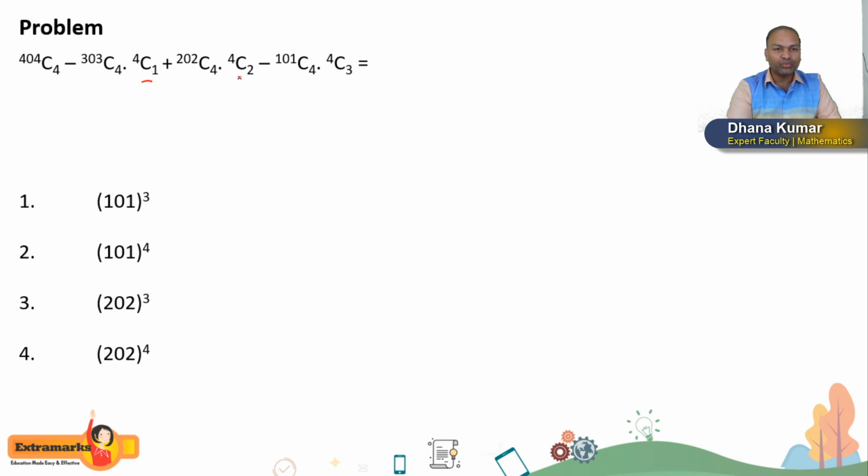Second term 4C1, 4C2, 4C3. Here, for our convenience, this can be written as into 1. Any problem? Right. In place of 1, I am writing 4C0, because it is the same order. So observe this one.